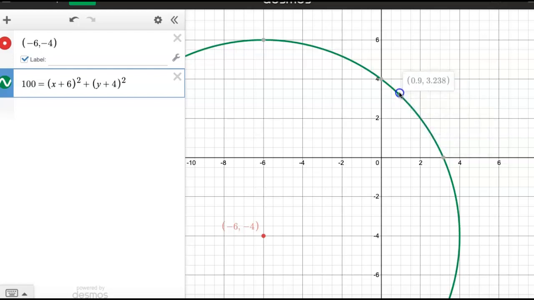So I wanted to do this because, like I said, this is going to anticipate us talking about these equations of circles, and we'll certainly use the distance formula to calculate radii of circles. So hopefully that helps.